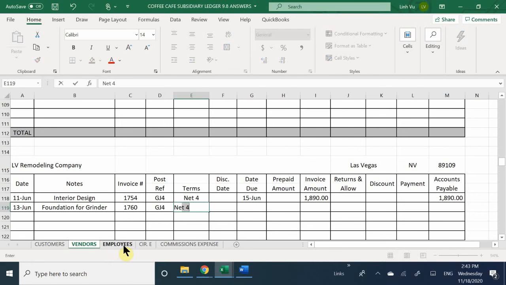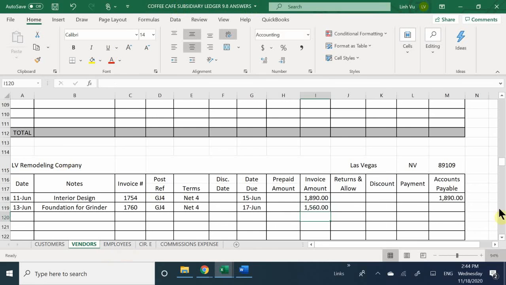Net 4 was when the bill is due. And so when is the bill actually due? What date? 17th. Yes, 17th of June for the amount of $15.60.